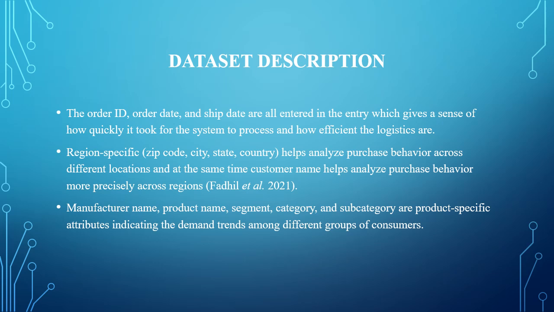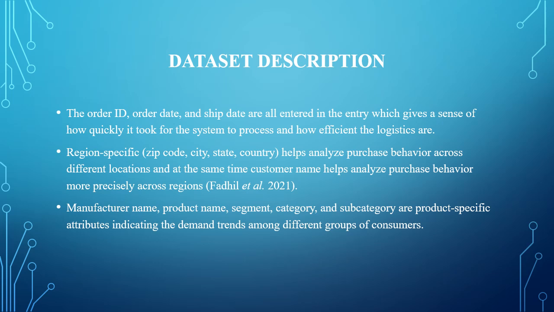Dataset description. The order ID, order date, and ship date are all entries, which give a sense of how long it took for a system to process orders and how efficient the logistics are. Region-specific zip code, city, country, and state all help analyze purchase behavior across different locations, and at the same time customer name helps analyze purchase behavior more precisely across regions.